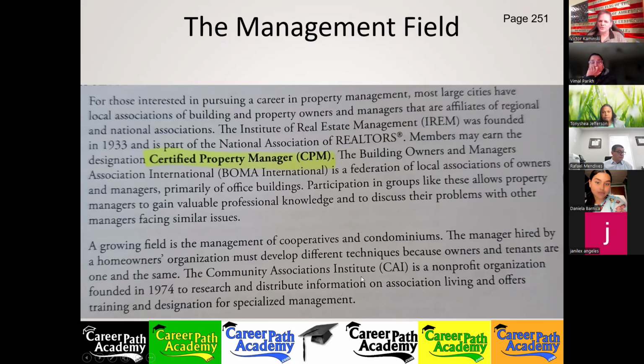The Community Associations Institute is a nonprofit organization founded in 1974, and they research and distribute information on association living and offerings and trainings and designations, and they talk about software to do the management and all kinds of laws and issues that they come across.